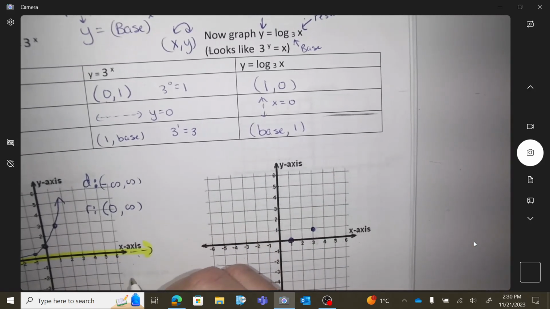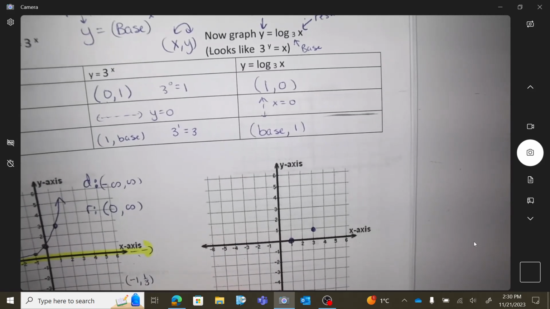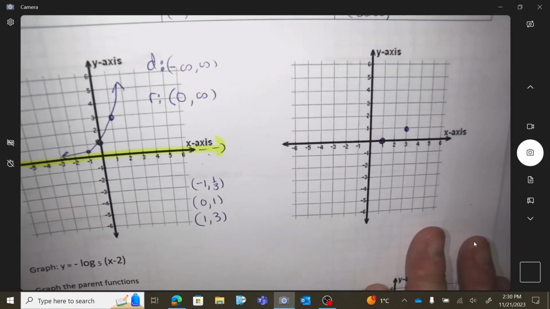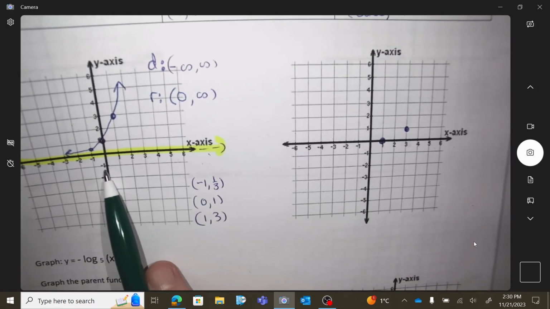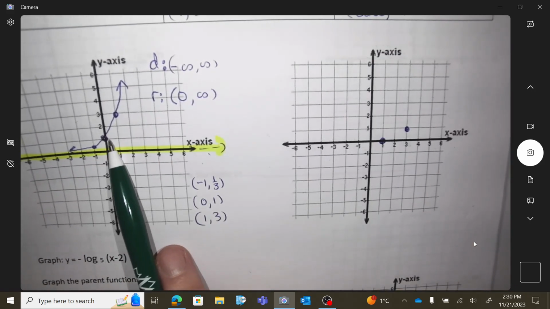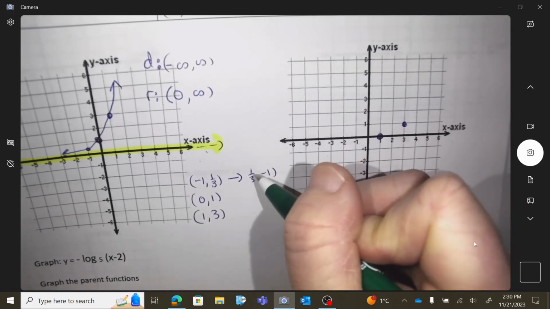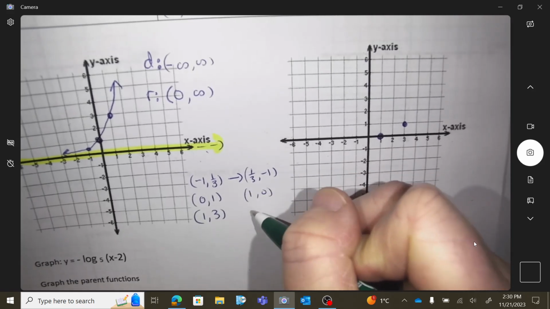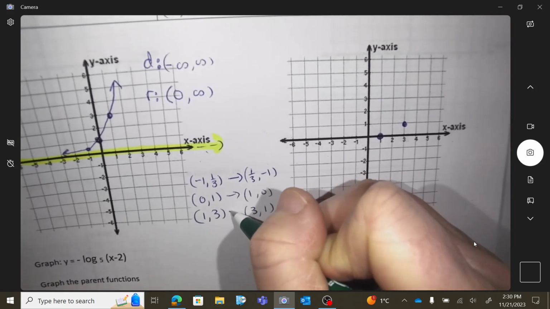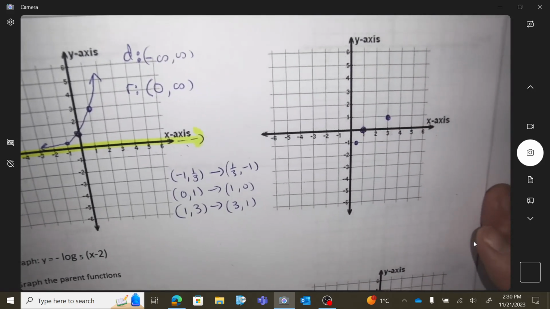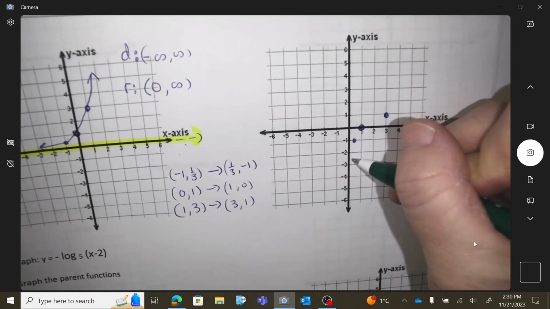So this one had the coordinates -1, 1/3, 0, 1, and 1, 3. So this one has those 3 coordinates where I'm just switching the points.